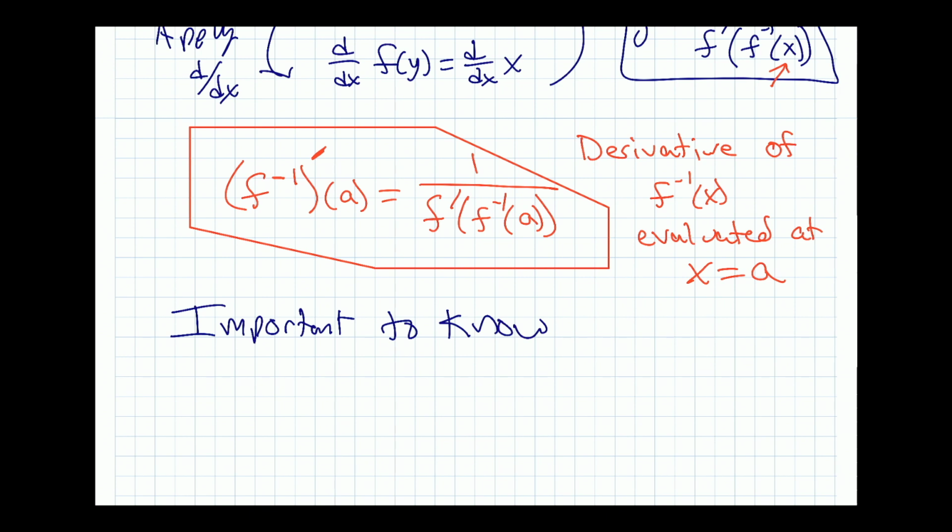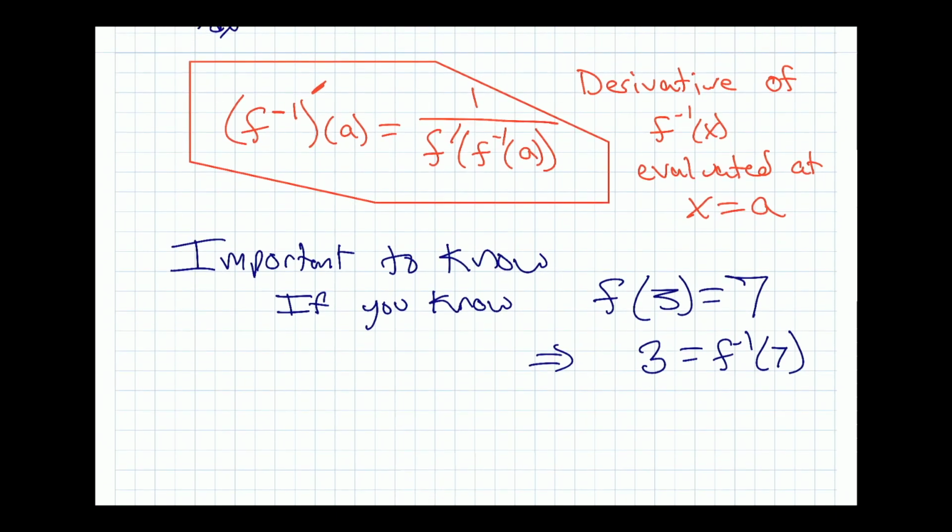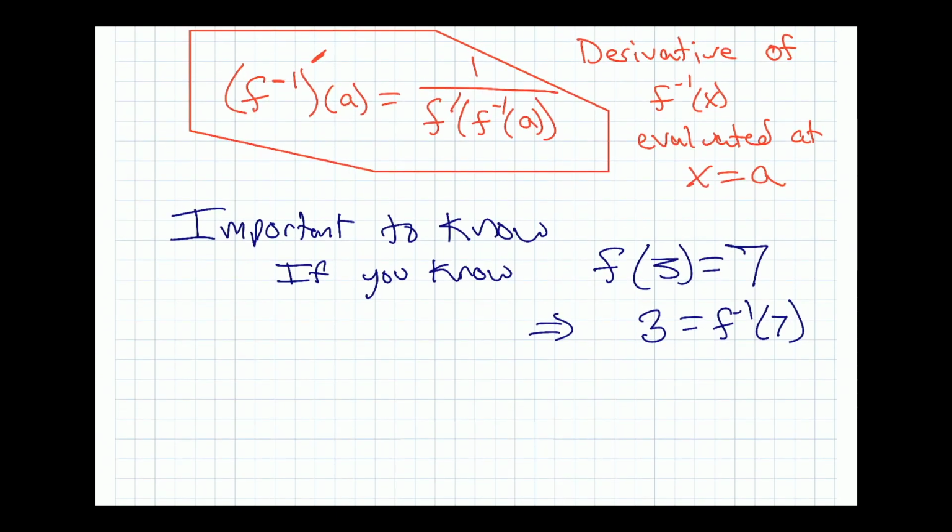Let's say I give you this. If you know, like f of 3 is 7, I'm putting in numbers here, right? That means that 3 is f inverse of 7. Okay? And if that's tricky for you, you shouldn't have to do any work there.